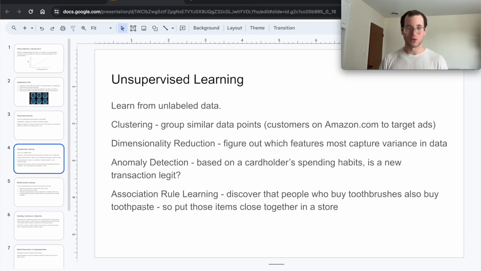Another thing you do with unsupervised learning is dimensionality reduction. The more data that comes into existence, the harder it becomes for computers to process this data. So being able to figure out which variables in a data set make the biggest impact on the target are really important.